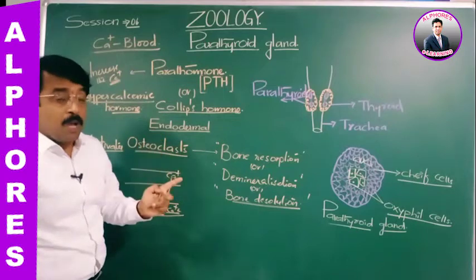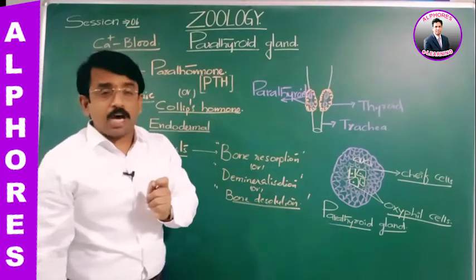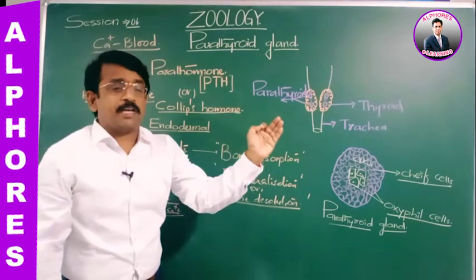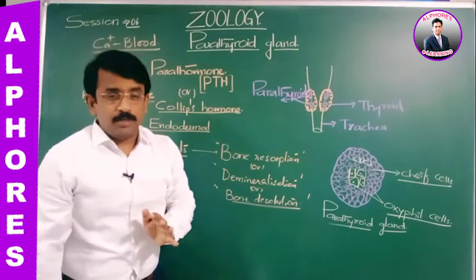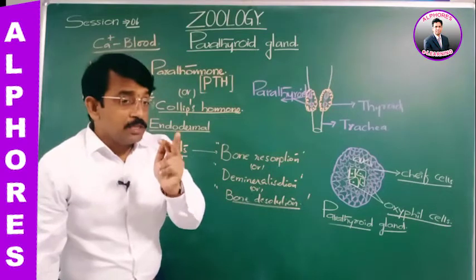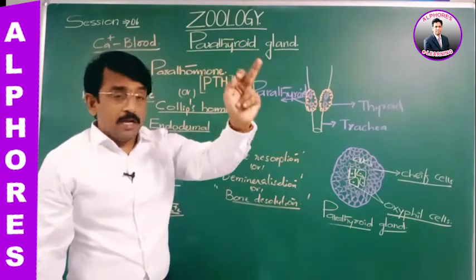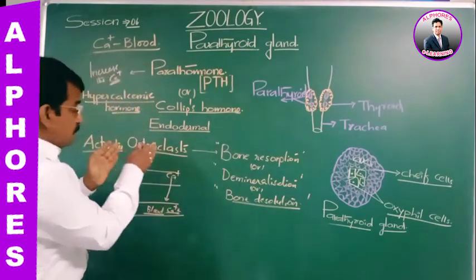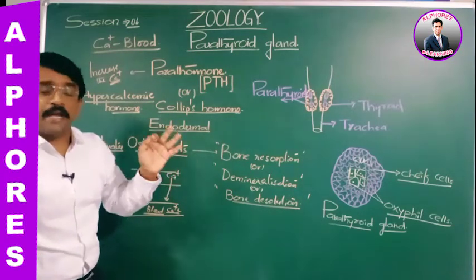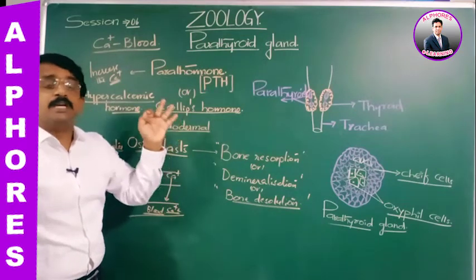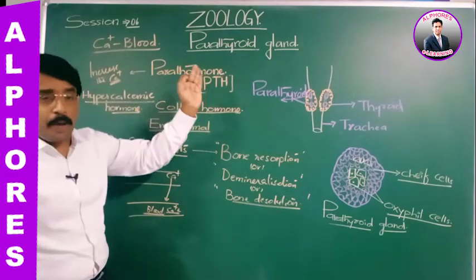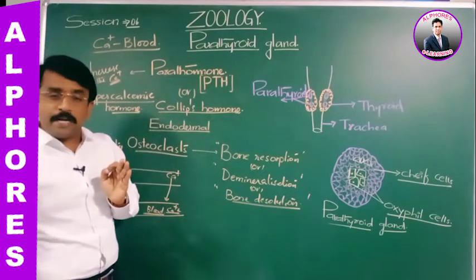This is how the action of the parathormone is counteracted by thyrocalcitonin. They maintain balance. This is how insulin and glucagon maintain the balance of glucose levels. In the same manner, calcitonin as well as parathormone maintain the calcium levels in the blood. This is how the parathyroid and parathormone function can be studied.